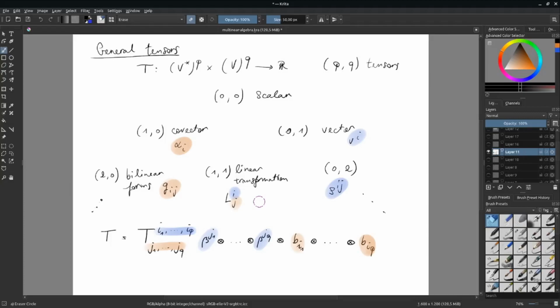So I have essentially a pyramid of tensors, and generally the notation will be something like this: T with P contravariant indices and Q covariant indices, and again I have these basis terms, first my contravariant basis elements and my covariant basis elements.